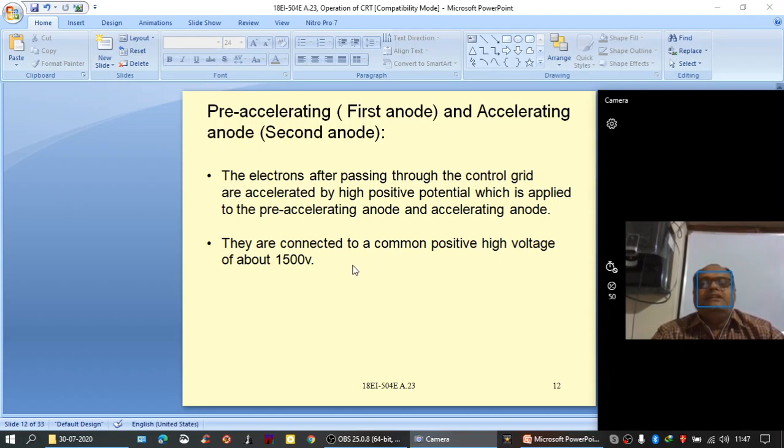They are connected to a common positive voltage of about 1500 volts. Both are connected to 1500 volts supply. Because of this high positive voltage, electrons being negatively charged are attracted with very high intensity.